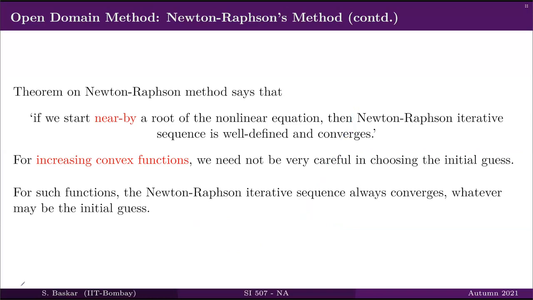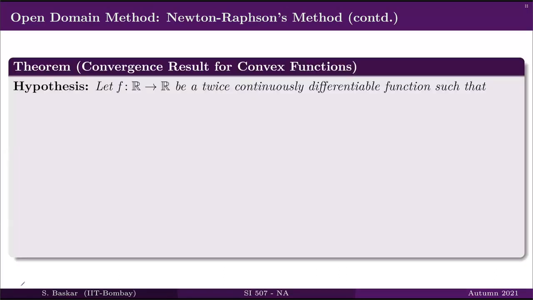However far away you go from the root, your sequence will surely converge. In fact, for sufficiently large n, your sequence will be a monotonic sequence. That also you can show. Let us just state the convergence theorem for this particular case of convex function.